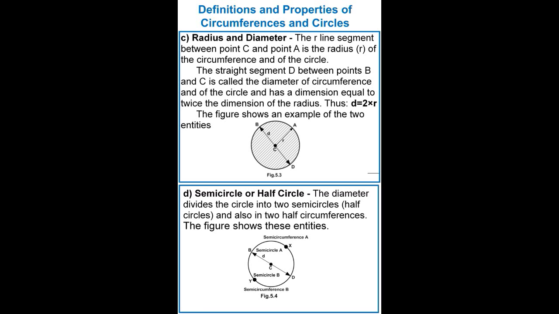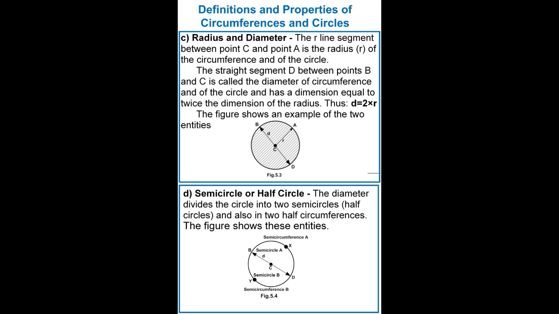Also shown is the definition of diameter, which is the segment of a line D between points B and D of the circumference and circle, and has a dimension equal to twice the dimension of the radius. Therefore, the diameter is equal to 2 times the radius. Figure 5.3 shows an example of the two entities.